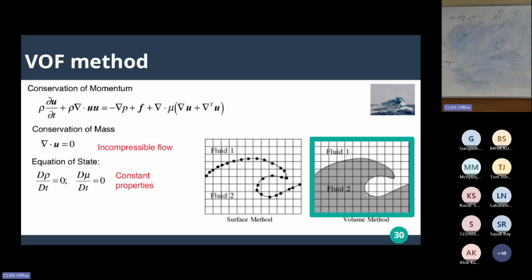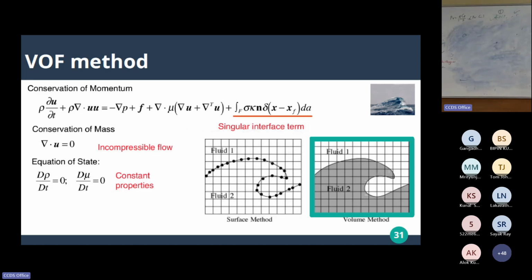So whatever equation you write, per unit volume you will write, and how much comes in, goes out, and so on. But when interfaces are coming, these are surface kind of things. That entire thing has to be converted to how much it can apply on a volume. Some kind of averaging has to be done. If you do that, there will be some force, surface tension.